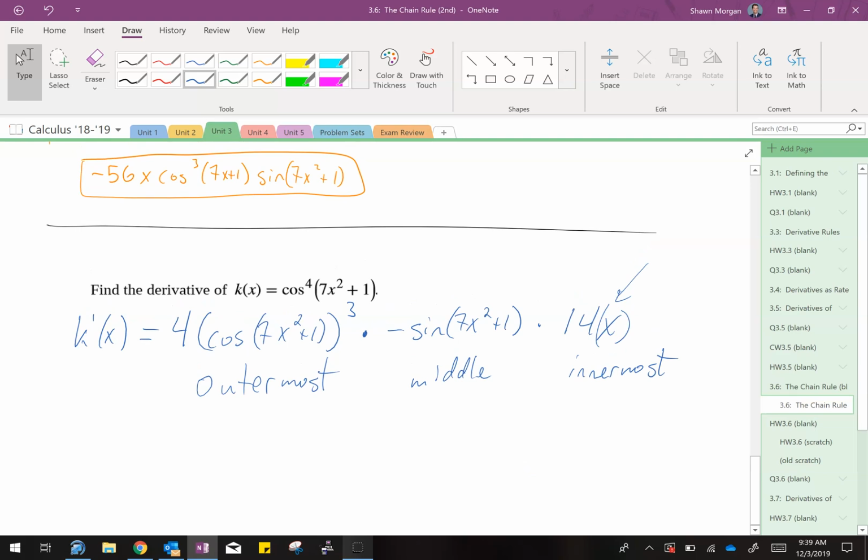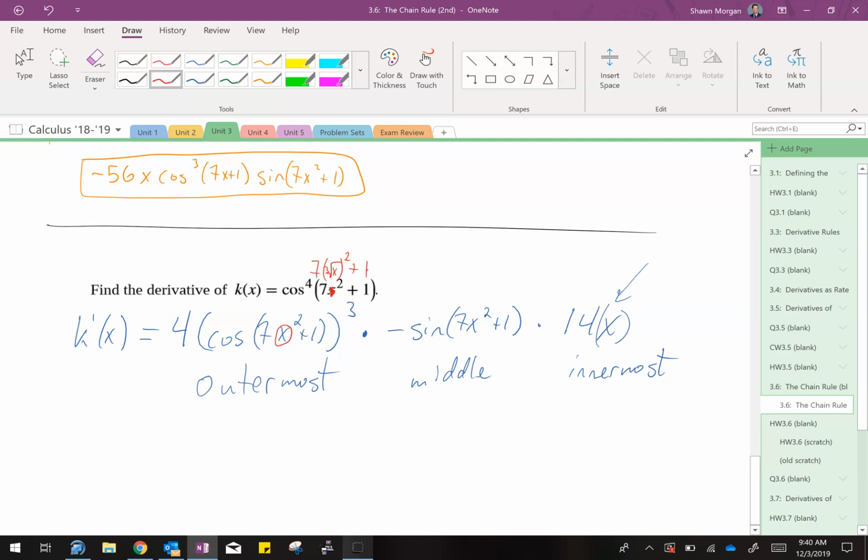Wait, okay. So let me pause you real quick. At the risk of overcomplicating things, we could make this, let's just do the cube root of x. Pretend that instead of x squared, it was the cube root of x being squared, and then you got 7, and then plus 1.